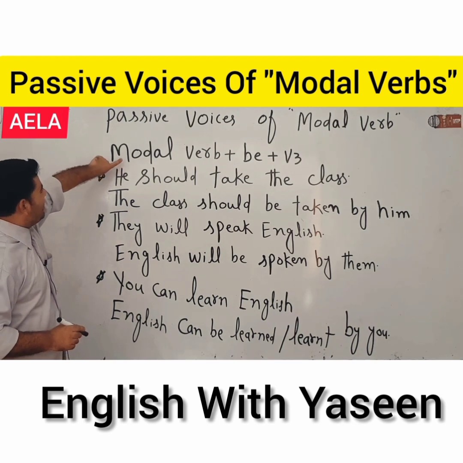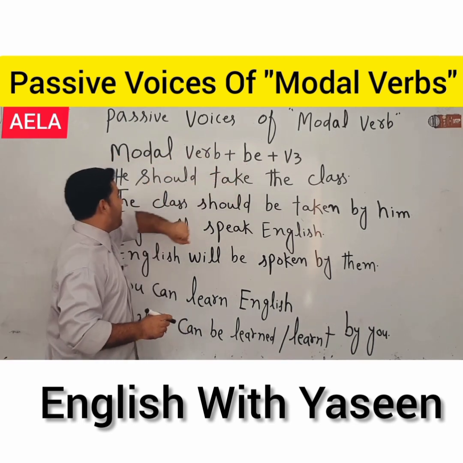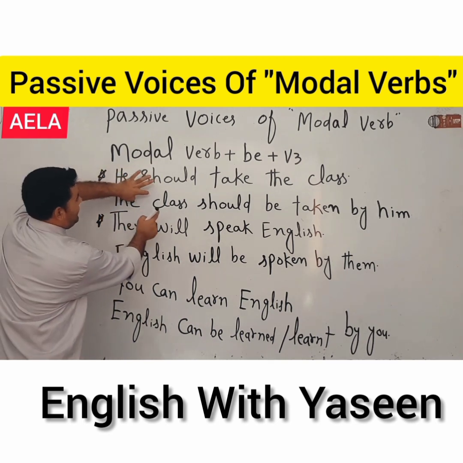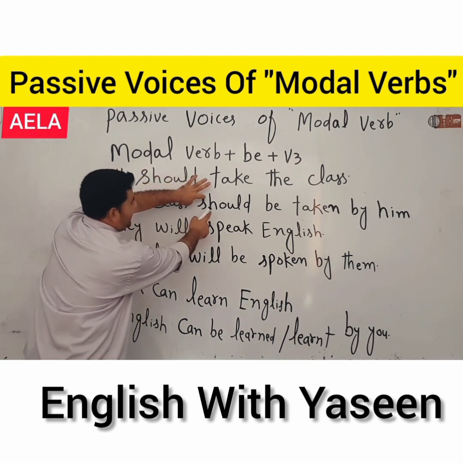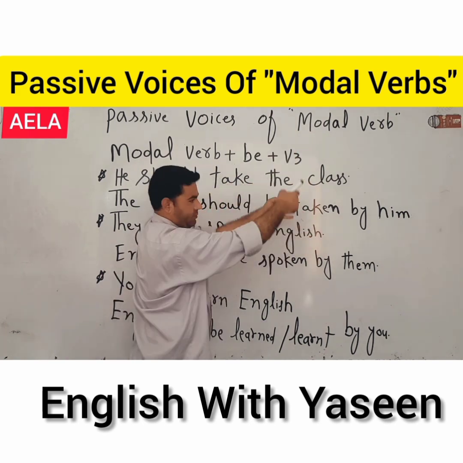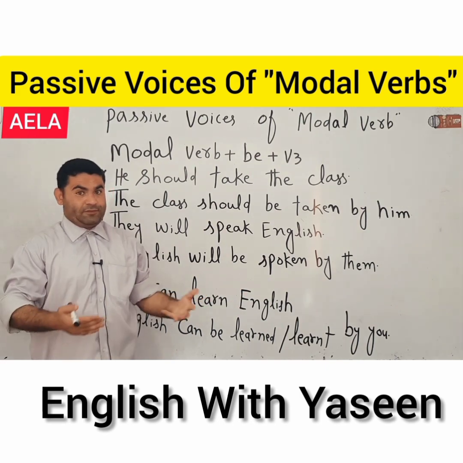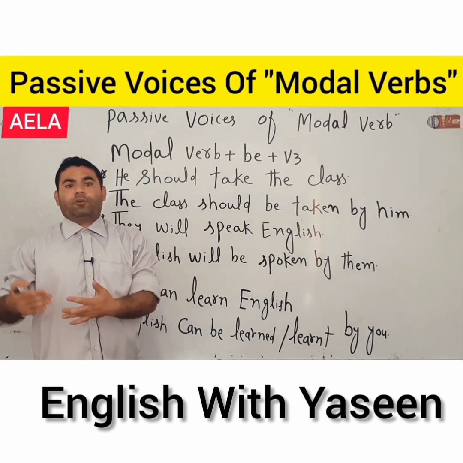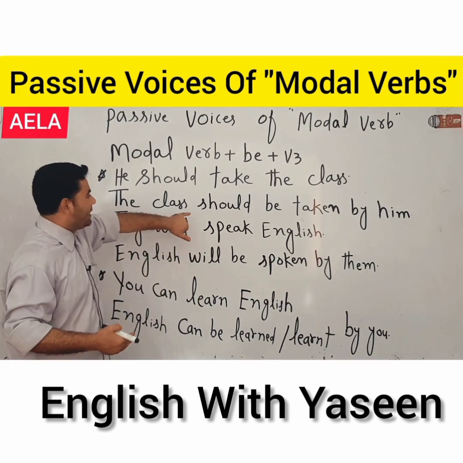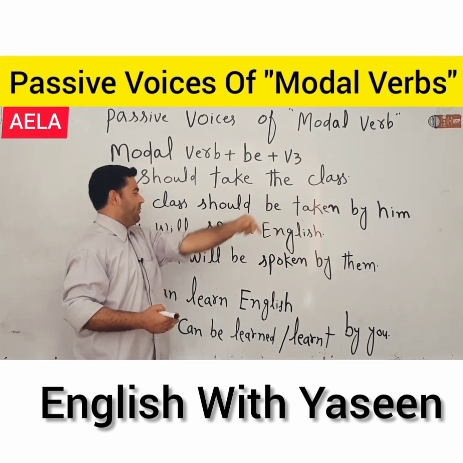So just look at this structure: modal verb plus be plus third form of verb. In this example, the modal verb is should, then we use be, and then the third form of verb, and then we change the other parts of the active voice into passive. The same procedure will be followed here, but just after the modal verb we put be, and the third form of verb.